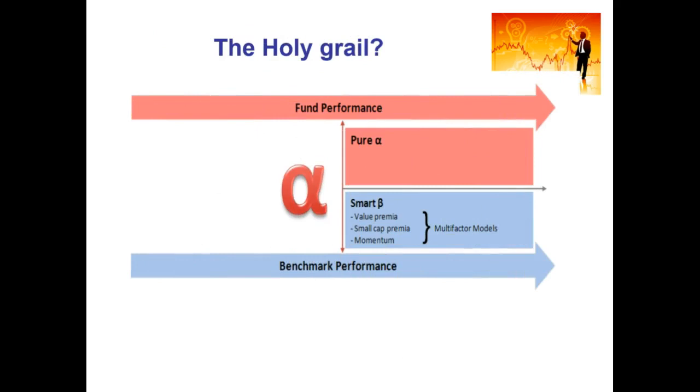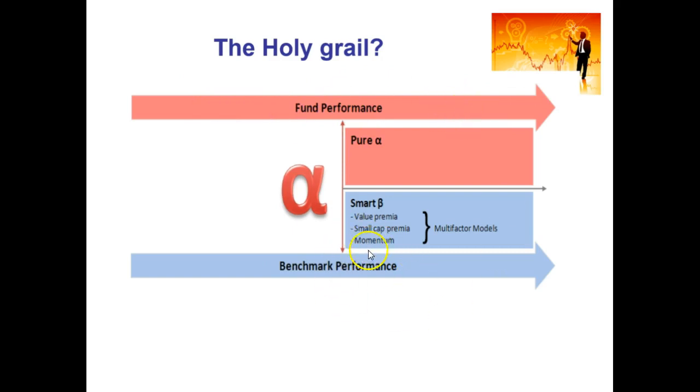So what we're looking for in terms of smart beta investing is what we would consider to be the holy grail. So we've got our benchmark performance here, which is the performance an investor would generate if they just held the market portfolio. But the holy grail is to think, well, can we actually perform better? Can we increase our Sharpe ratio?